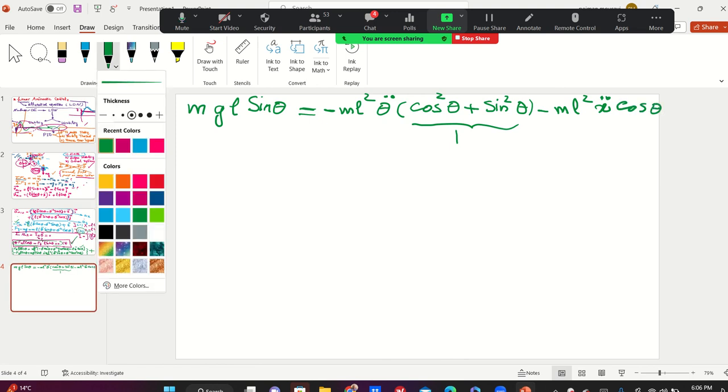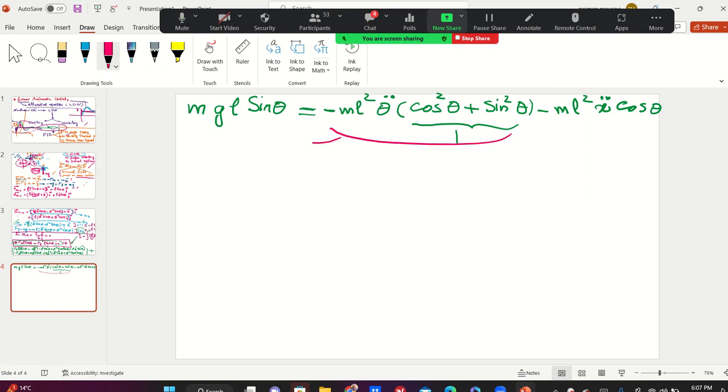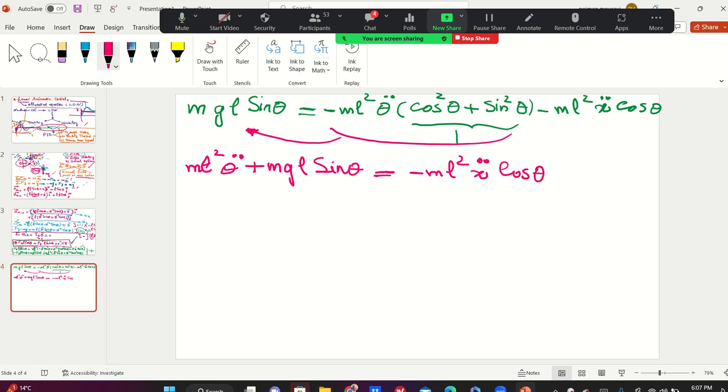So now I can rewrite everything. I'm moving this to the left hand side, so you're going to have ml squared theta double dot plus mgL sine theta minus ml squared x double dot. This is the acceleration of the base.